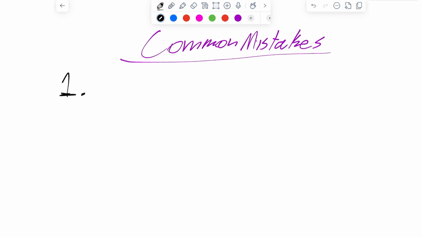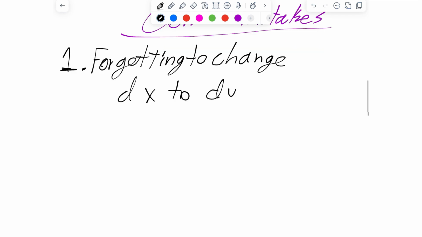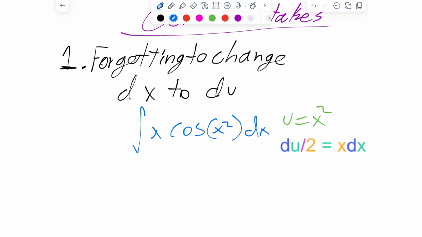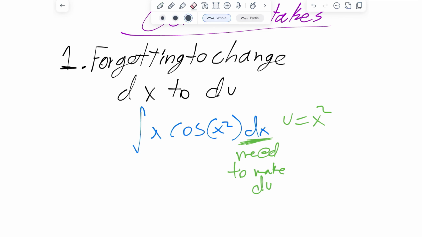Our first common mistake is forgetting to change dx into du. So here's a quick example where we have this integral here and u is x squared. So what does this actually mean? By forgetting to change dx to du, that means in this problem we see there's du over 2 equals x dx, and that 1/2 plays an important role in the problem.